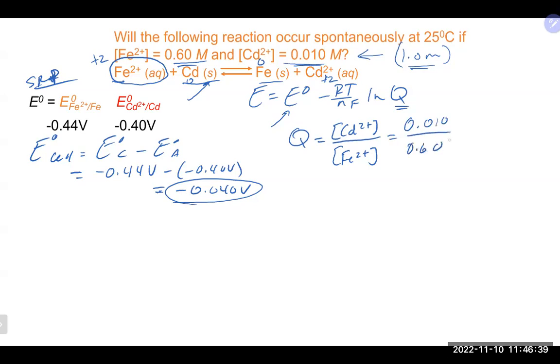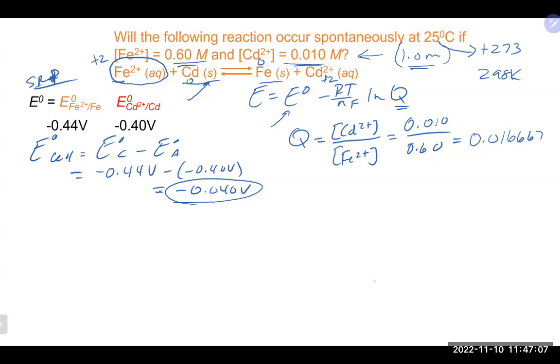That is why you have no numbers for those. The cadmium concentration is 0.01 and the iron is 0.6 molar. So we'll do 0.01 divided by 0.6, which is going to give us 0.01666666. At this point, we have pretty much everything else we need. Obviously, the temperature needs to be converted to Kelvin, so that's plus 273, which will give us 298 Kelvin.